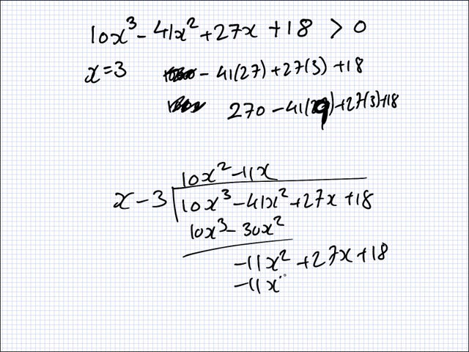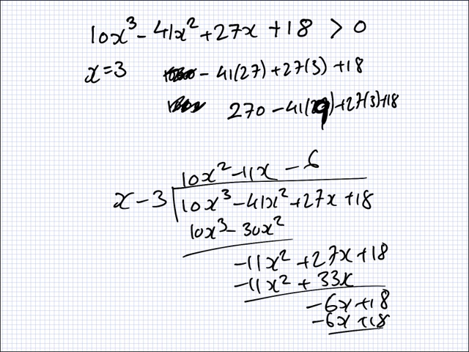Minus 11x squared plus 33x. No, something went wrong, I think. No, this is right. Minus 6x plus 18, because then this is minus 6. Yeah, okay, we're good. What are the factors here? 5x plus 2, 2x minus 3.